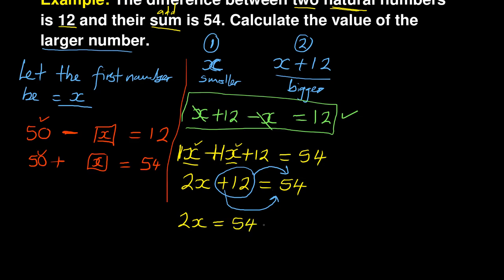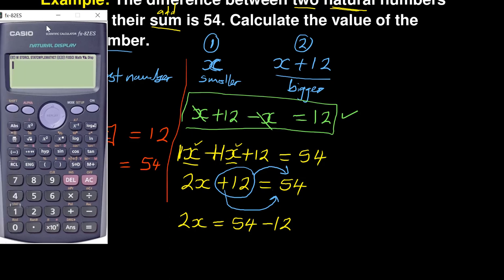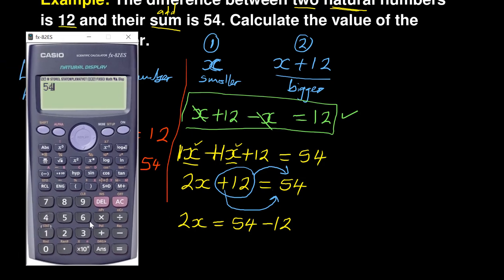It was plus 12, now it is going to be minus 12. Why? Because 12 jumped the equal sign and the sign has to change. Now you can use your calculator to find what is 54 minus 12. The calculator will say 42.